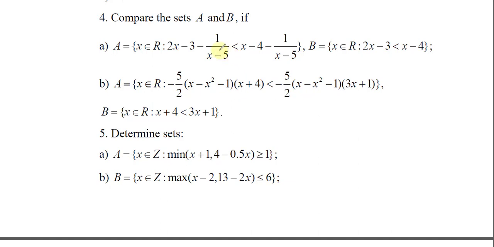It's 2x minus 3 less than x minus 4, and here also the same one. So they are the same, A and B, because we can cancel them.